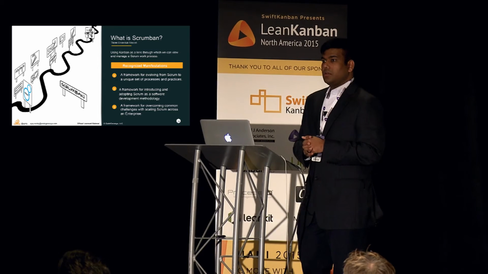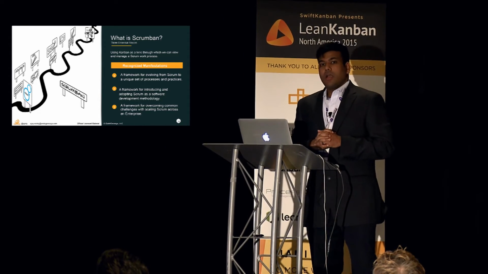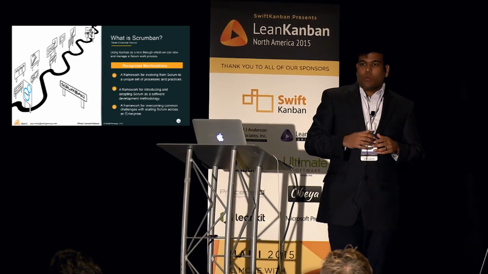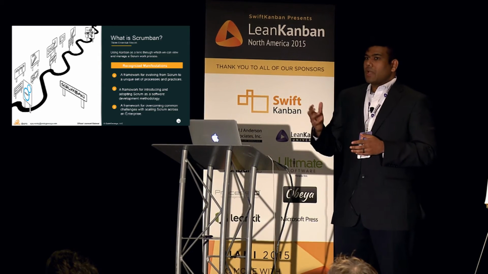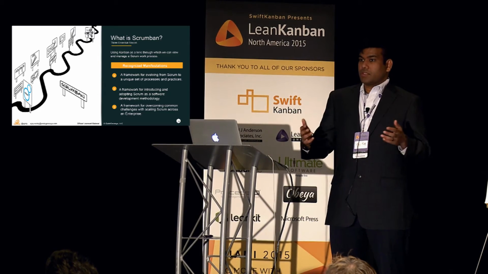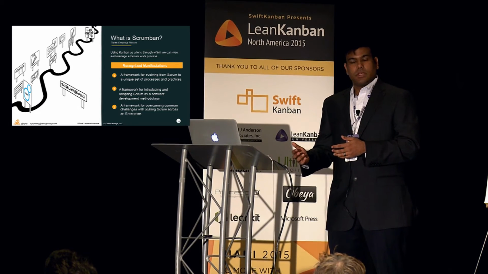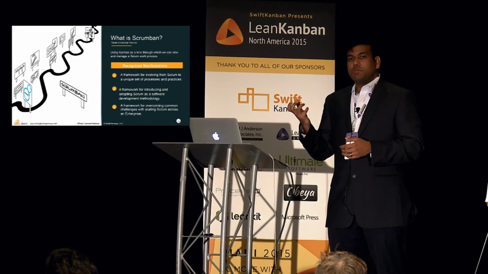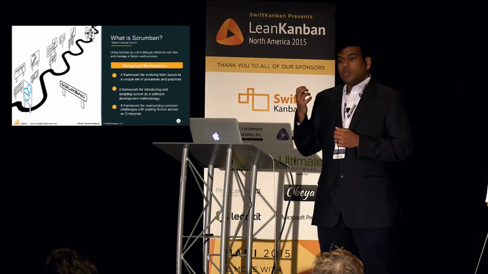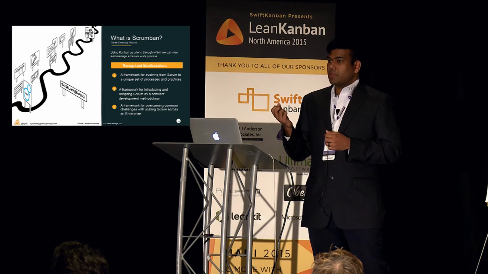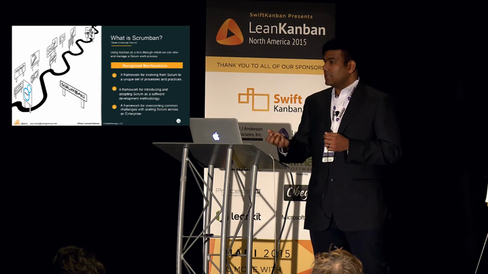The second one is Adopt Scrum. What I mean by that is what I call, for lack of a better phrase, directed evolution. You have no framework, no process, you don't have Scrum, and you're trying to implement Scrum. Kanban as a change method can help you. Yesterday, one of the lightning talks alluded to this. You can use Kanban as a change method to help evolve the team to implement Scrum ideas.